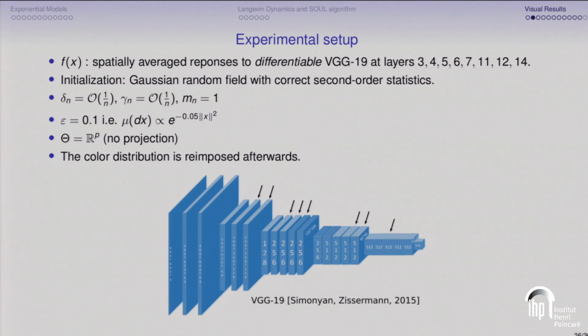I guess the precise choice of the layers does not matter much, provided that you use some layers in the shallow part and some layers in the deep part to get some structures at various scales. So we took these values of the steps and Mn equal 1. If you followed very precisely the theorem that I wrote, you may have noticed that Mn equal 1 does not fit the hypothesis.